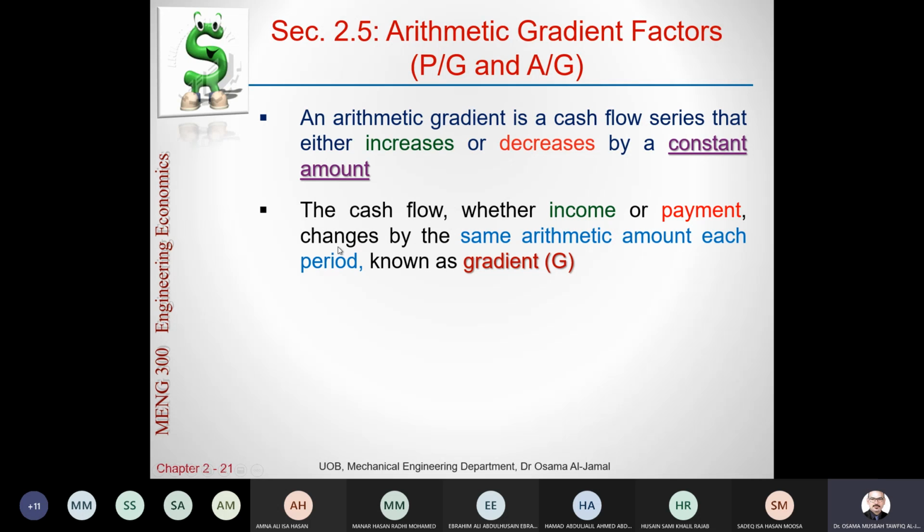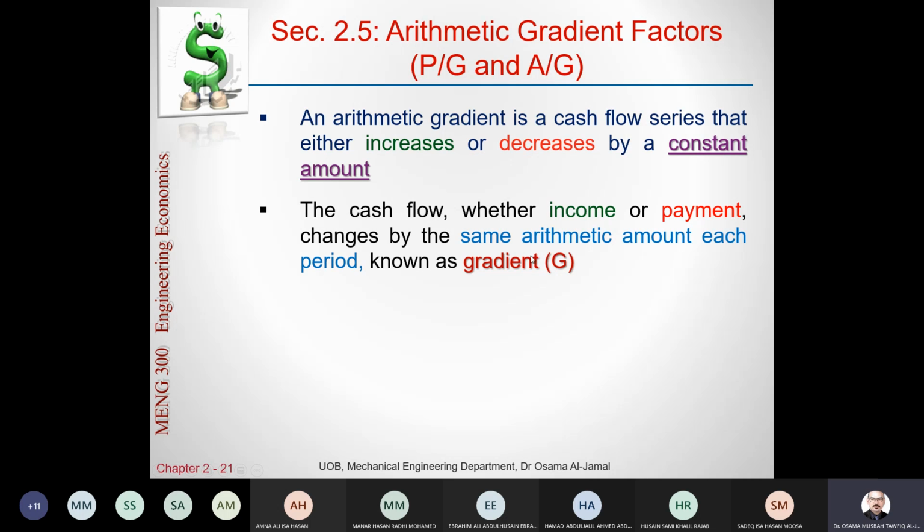So that cash flow changes by the same arithmetic, constant amount. In year one, we have, for example, $1,000. That $1,000 is going to increase by 100. So year two, it will be 1,100. Year three, it will be 1,200. Year four, 1,300, 1,400, 1,500, 1,600. So it's increasing by 100 over the previous year.